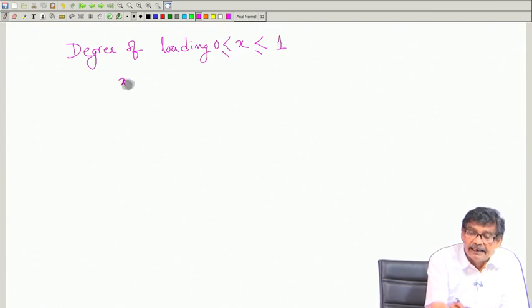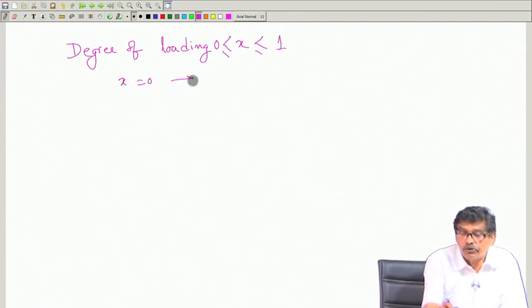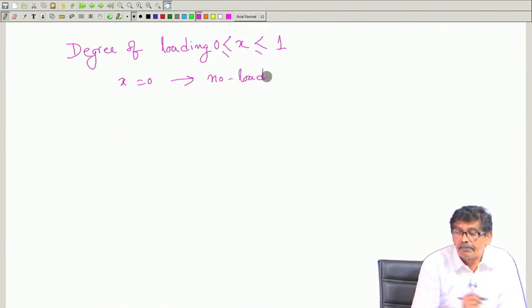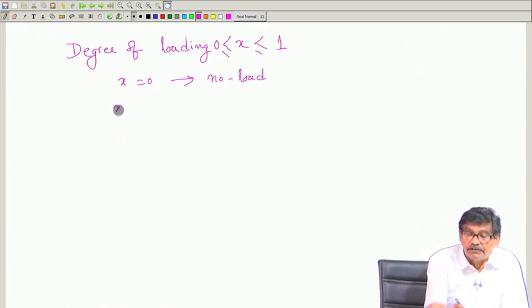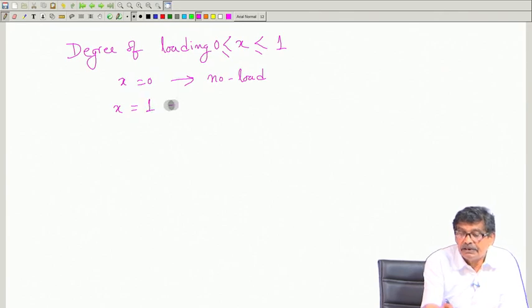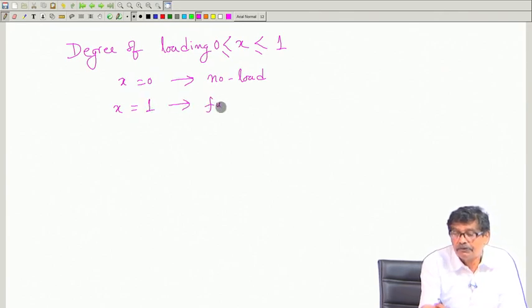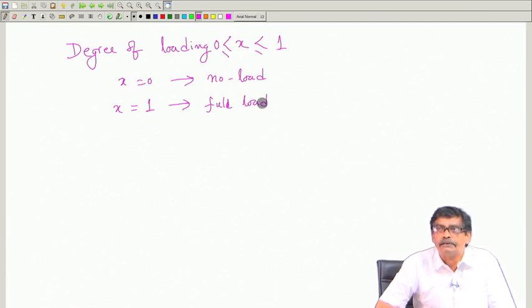I will say x equal to 0 means no load, x equal to 1 is full load. And x can have any value, x equal to 0.5 means the transformer is 50% loaded.